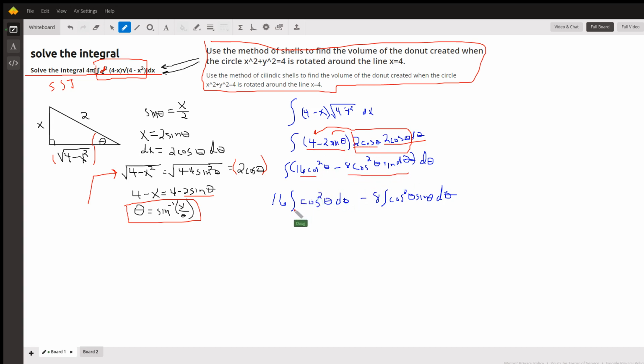And we can break this apart into two indefinite integrals: 16 cosine squared theta, the antiderivative of cosine squared. You can look up that in a table of integrals. This one you can use u substitution, because we let u equal the cosine of theta.